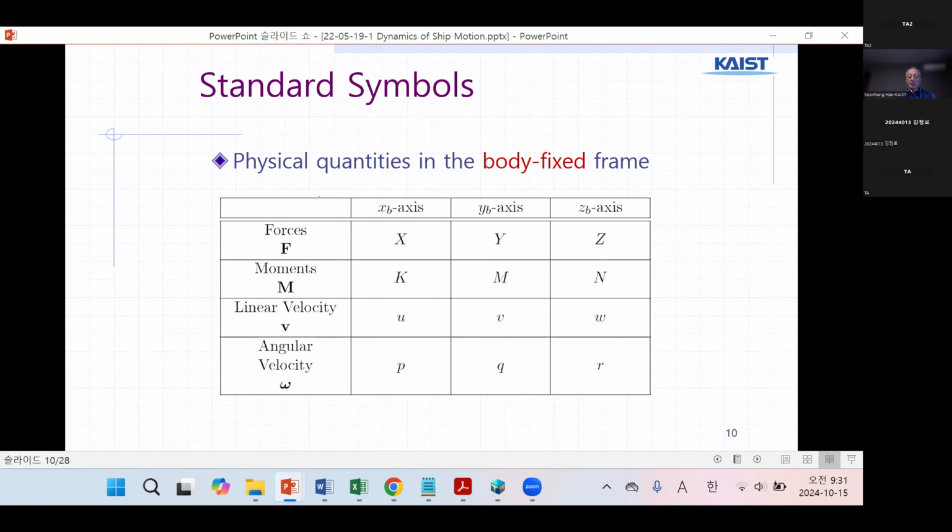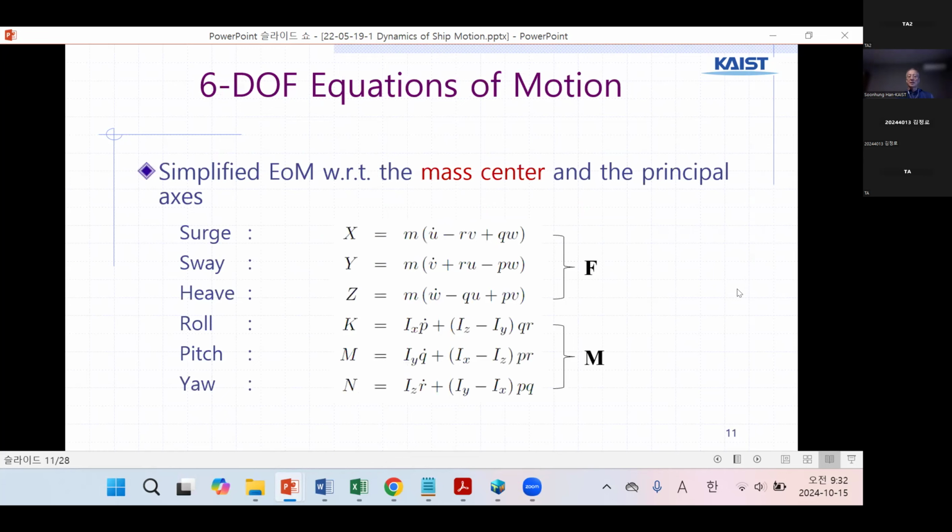Forces F and moment M, linear velocity and angular velocity, and x-axis, y-axis, z-axis: XYZ, KMN, and UVW, and PQR. That is the standard notation.